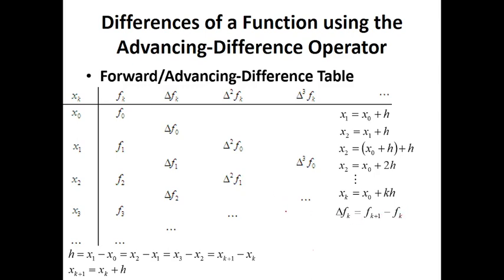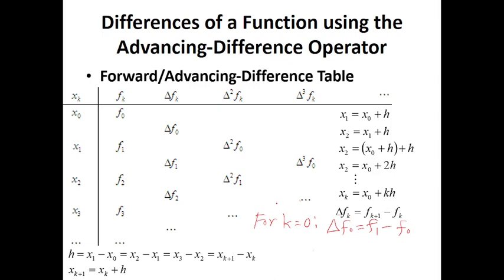To give you an example, let's consider k equals 0. For k equals 0, we have delta f sub o, that is f sub 0 plus 1, which is f1, minus f0.